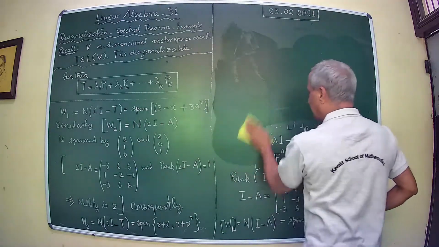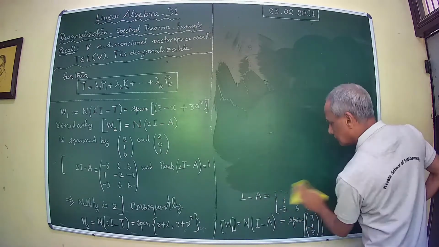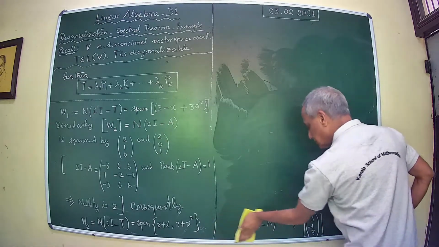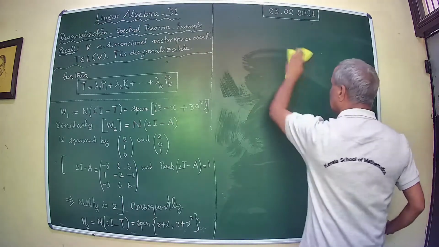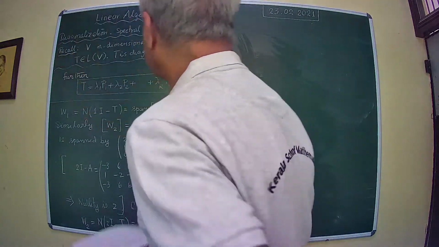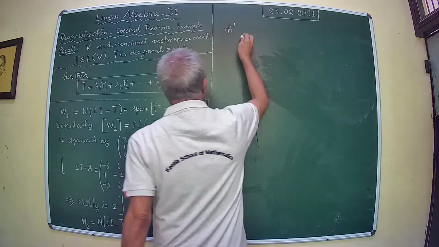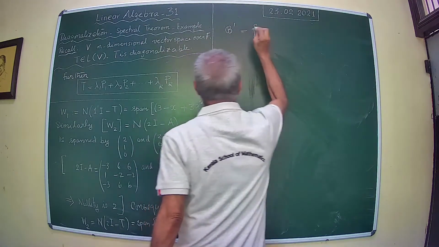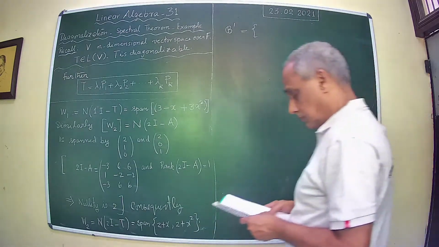Now we observe the form. Now what we do is we choose an ordered basis B prime, which is constituted by the eigenfunctions.